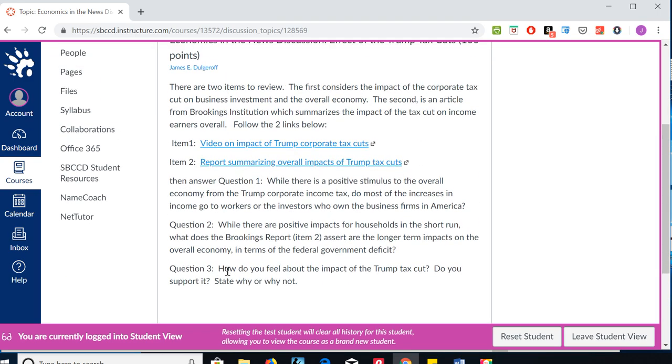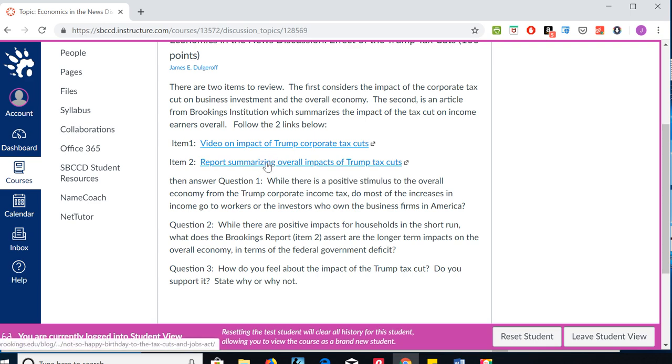And then, having digested both of these pieces of media on the impacts of the tax cut, how do you feel about the impact of the tax cut overall? And therefore, do you support it? Looking back, state why or why not.